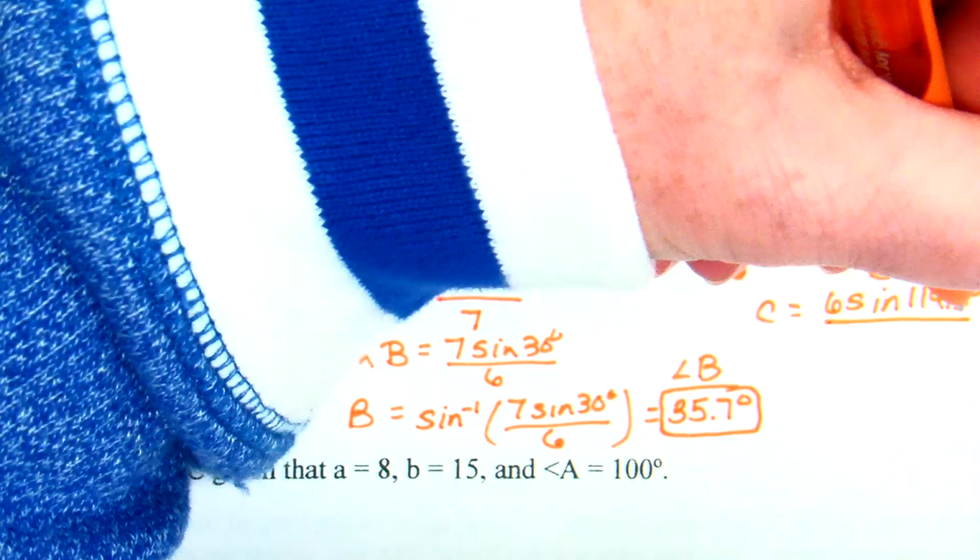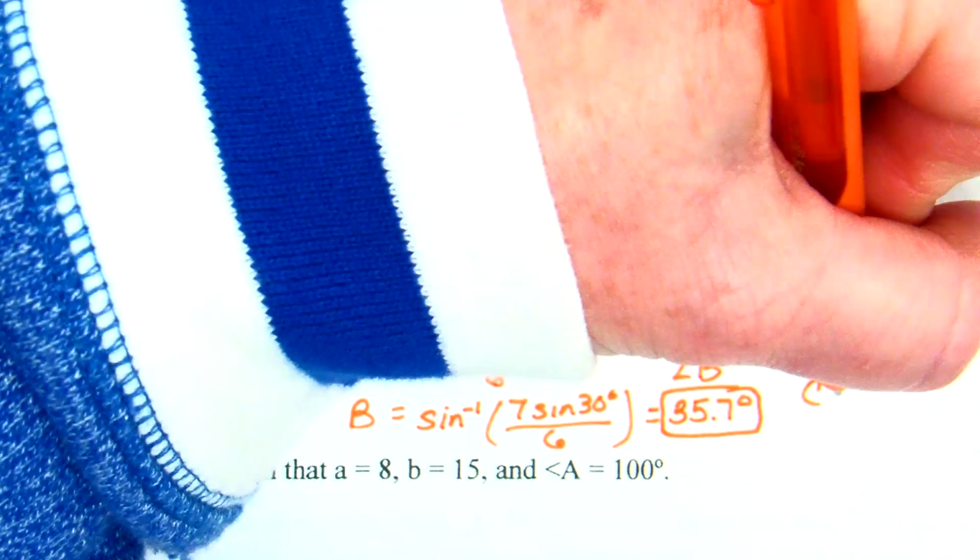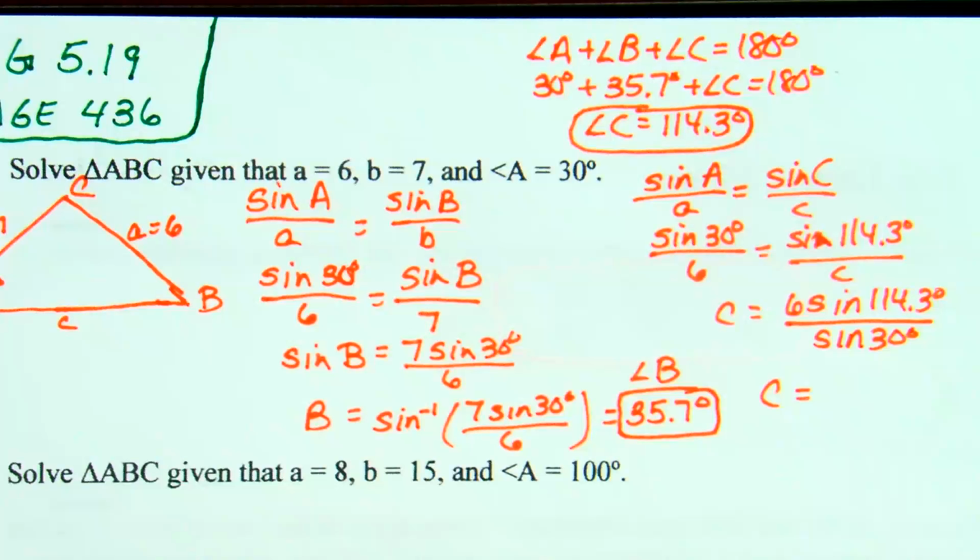If I go ahead and divide, C is going to be 6 sine 114.3 degrees divided by sine of 30 degrees.